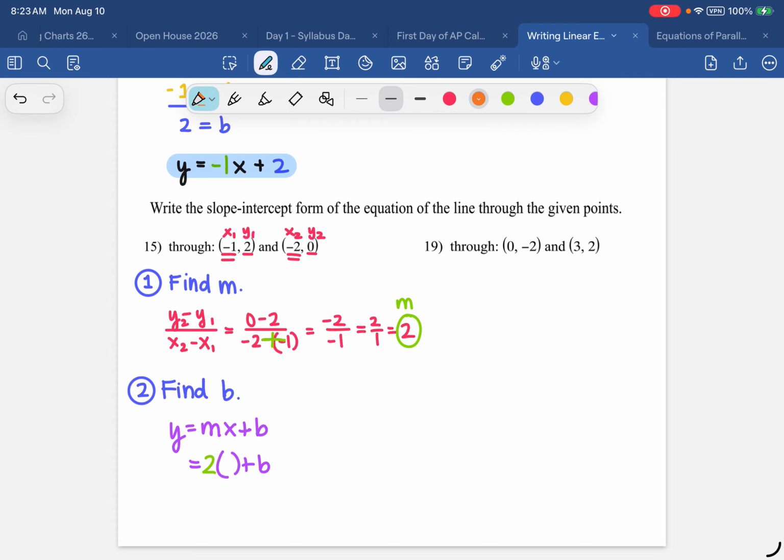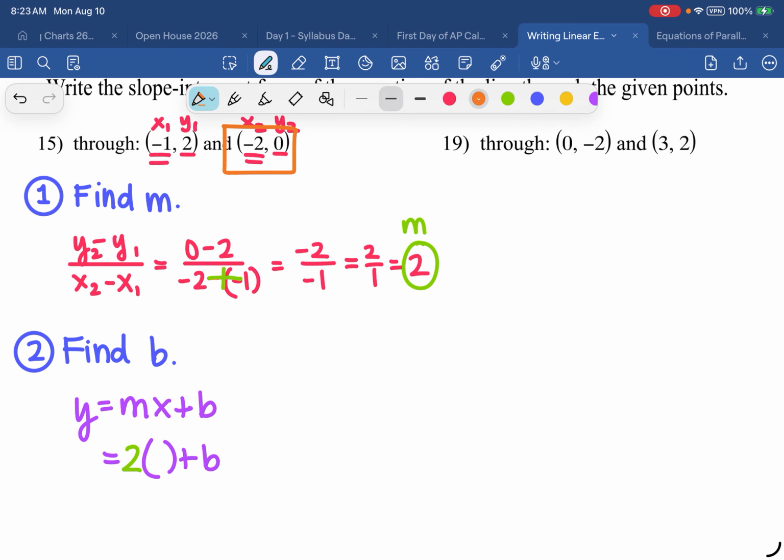It doesn't matter which one I choose. I think I'm going to pick the second ordered pair because there's a 0 in it, and zeros are nice to work with. So x will be replaced with -2, and y will be replaced with 0.